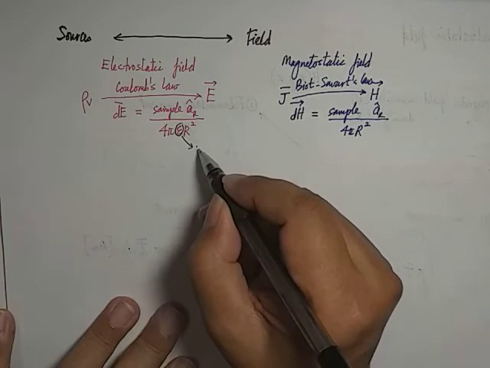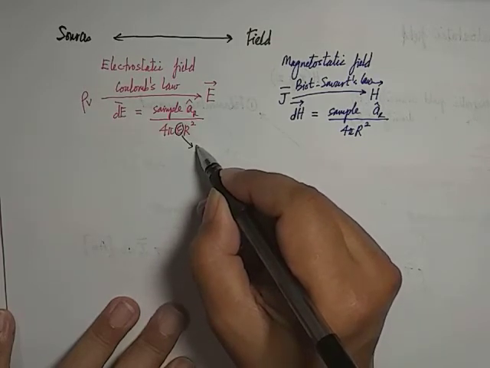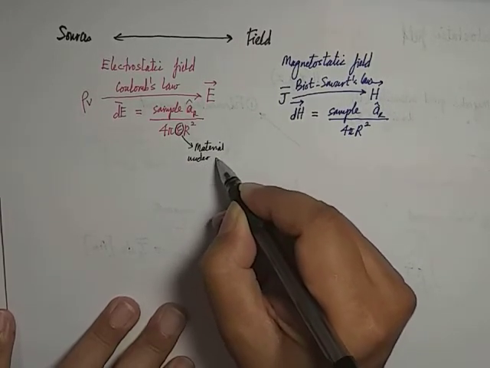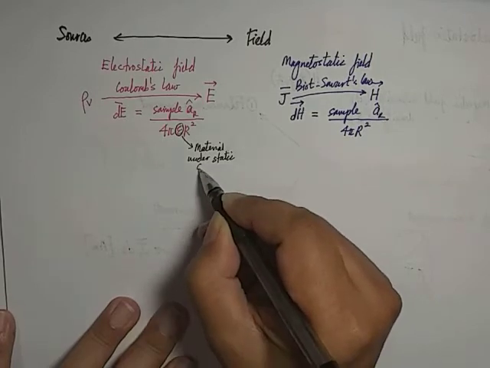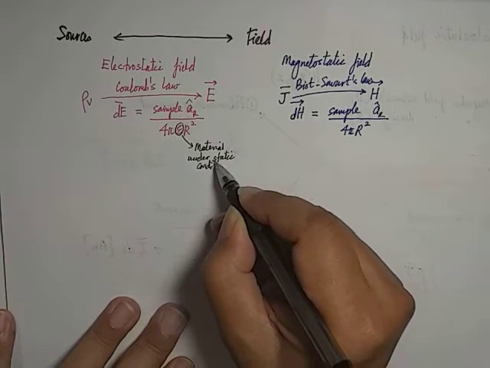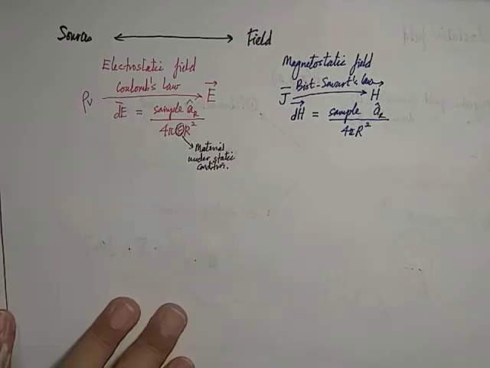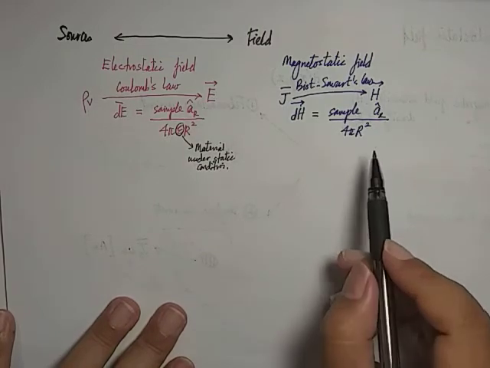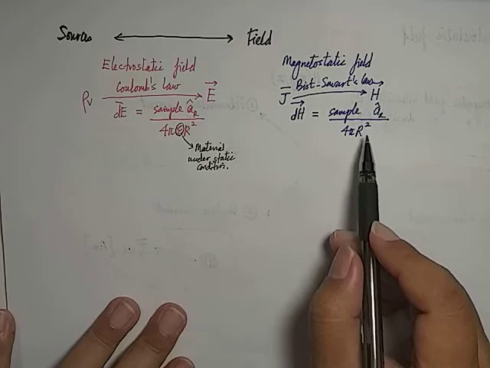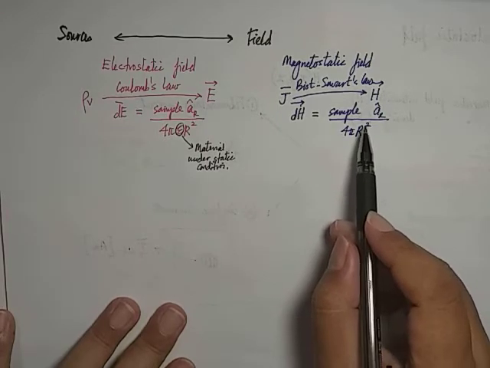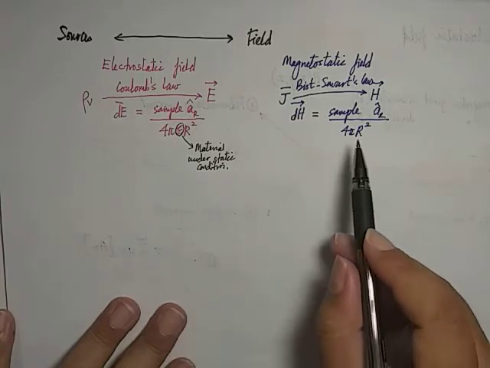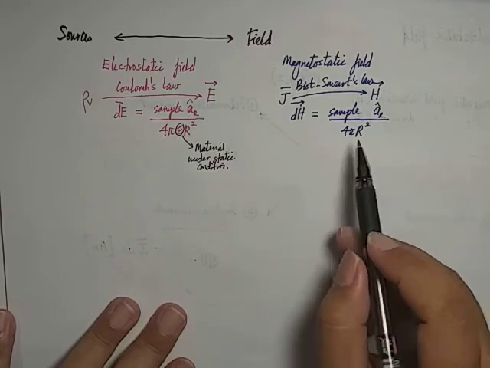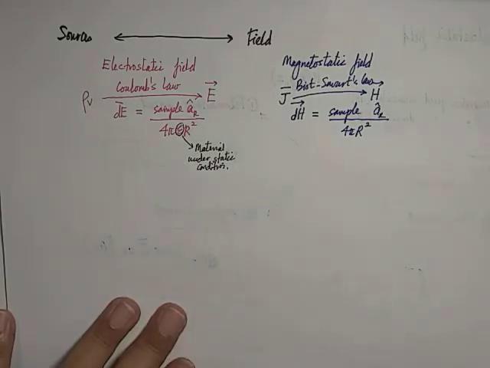So I'm just going to put a note here: material under static conditions, and the static field is specifically referred to as electric field. Since we are talking about magnetic field, logically there's going to be no epsilon in our Biot-Savart law. You have to see that pattern, because epsilon is only applicable for electric field. So in magnetic field, epsilon will not be involved in the equation. That should be the first difference between Coulomb's law and Biot-Savart law.